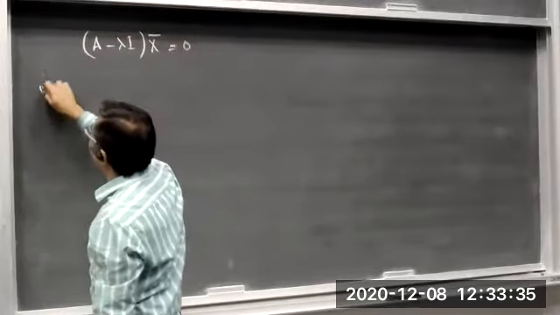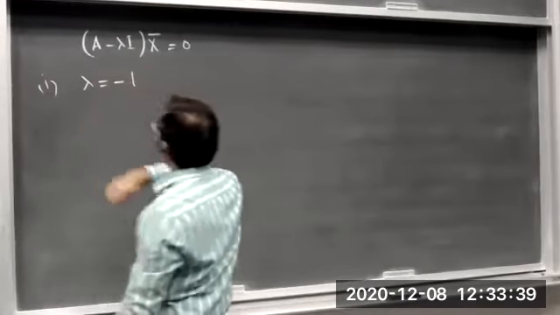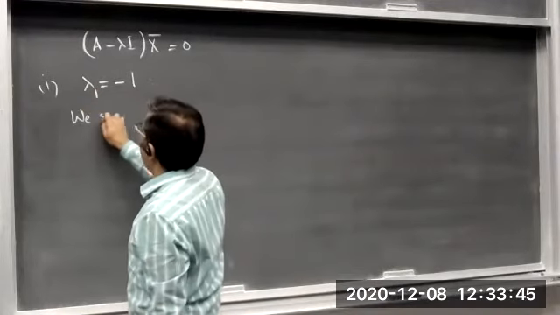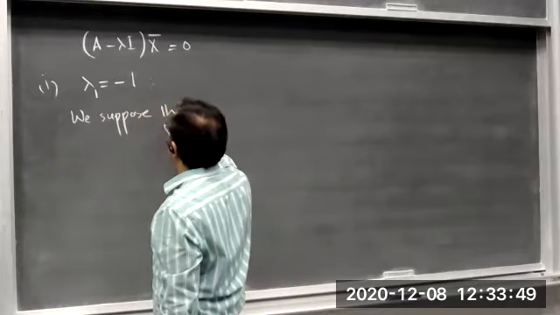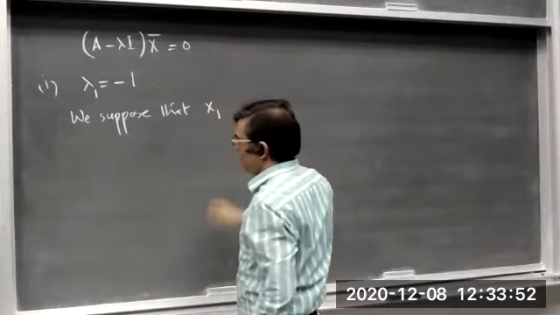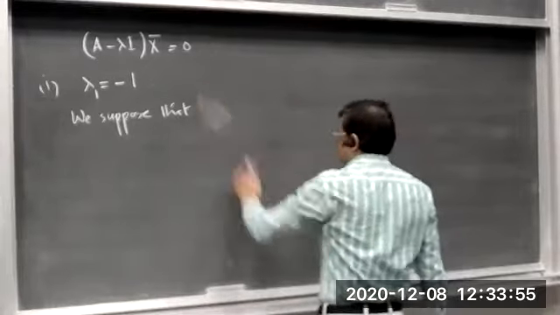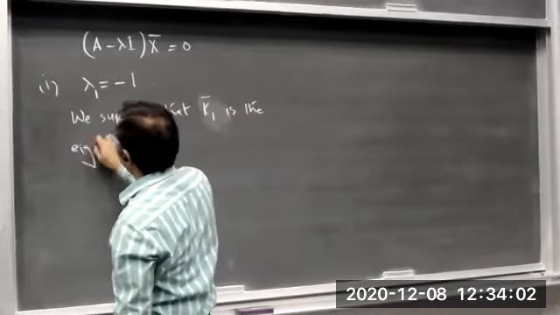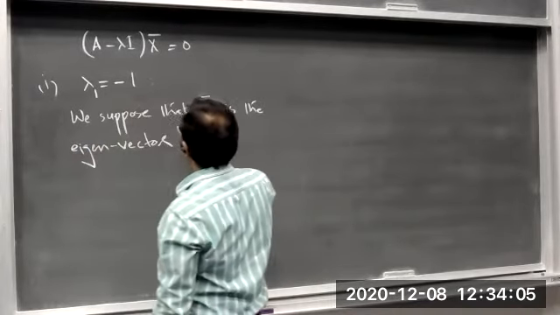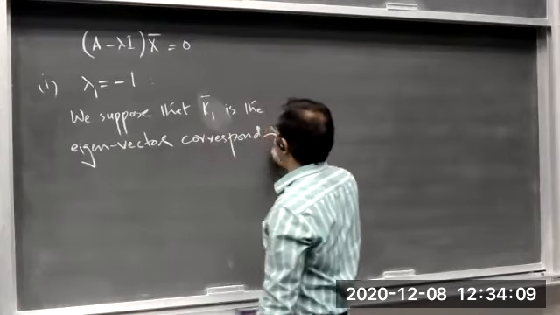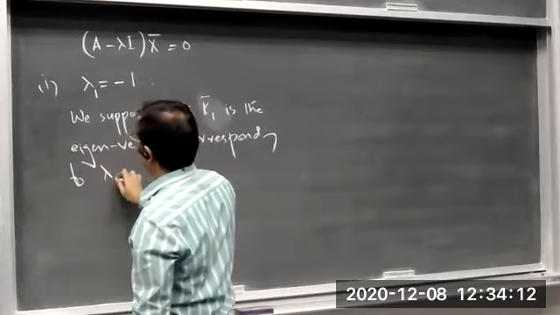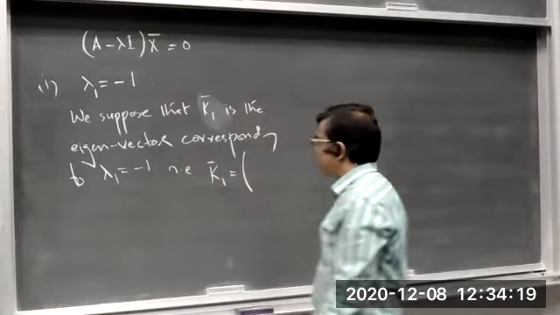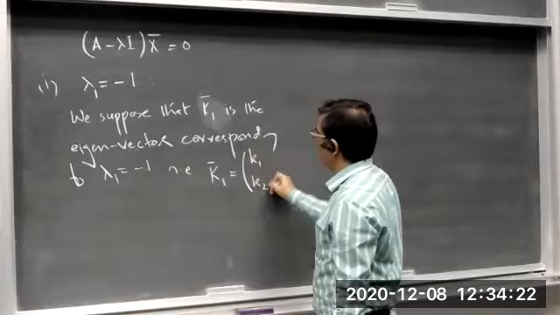First, when lambda 1 is minus 1, we assume that x1, or you can say k1, is the eigenvector corresponding to the first eigenvalue lambda 1 equal to minus 1. That is, k1 is small k1, small k2.